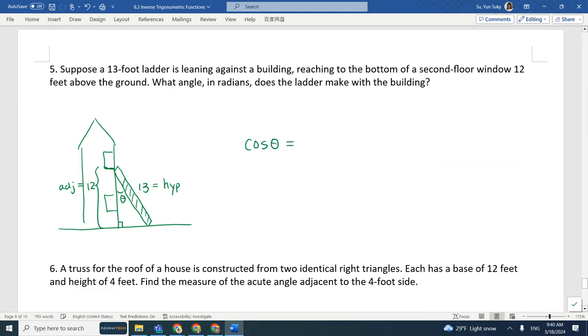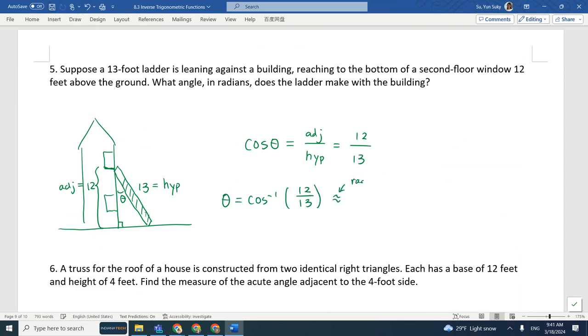Cosine theta is adjacent over hypotenuse. Adjacent is 12, hypotenuse 13. So theta is inverse cosine of 12 over 13.